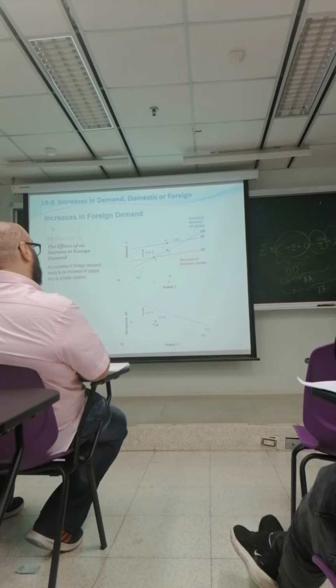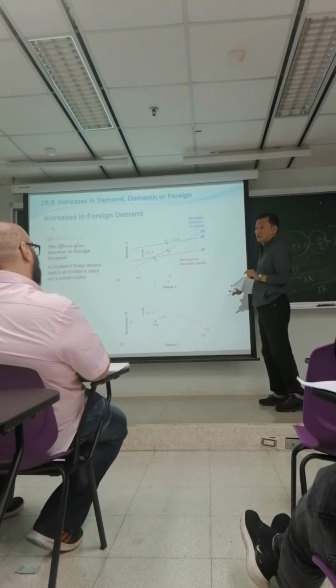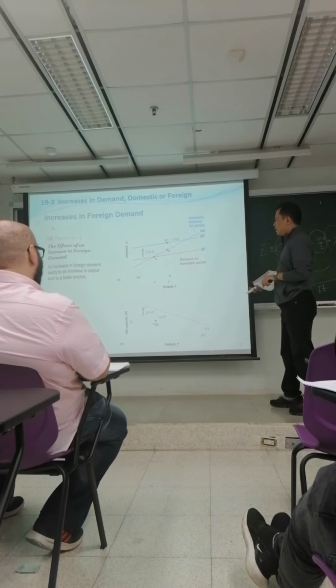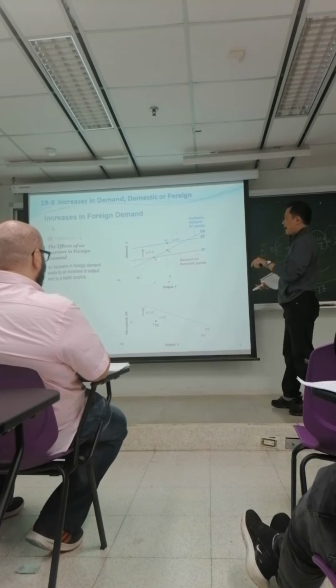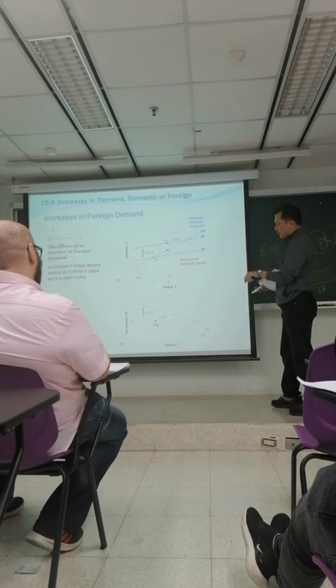So when X rises, this line will shift up by the same magnitude. Okay? So originally, when we are at point A, Y is lower and with trade balance. But after Y star rises, our income, right, or our output rises. And at the same time, we have a trade surplus.